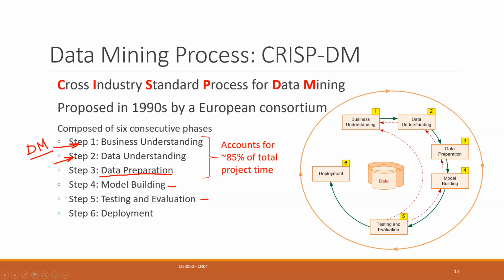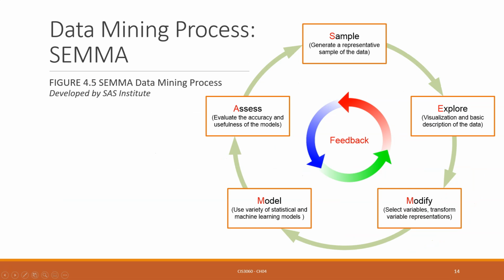Building a model and testing is usually done with software that can be done quickly over time. But if your data foundation is incorrect, it's hard to correct that, and that's very clear through this data mining process.